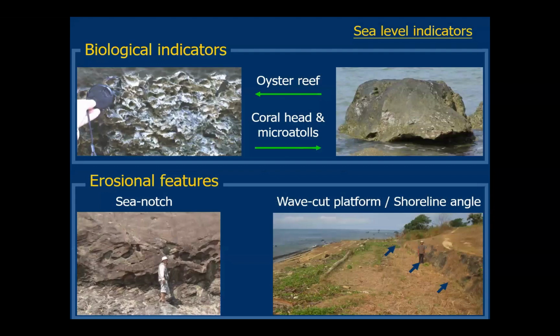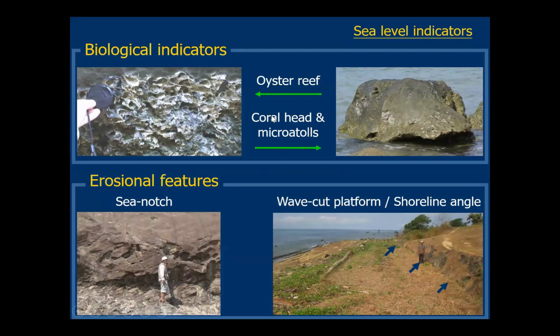So first, we have to pay a lot of attention because we want to understand the coastal uplift and the long-term coastal uplift record. So we need to pay a lot of attention to the sea level indicators.